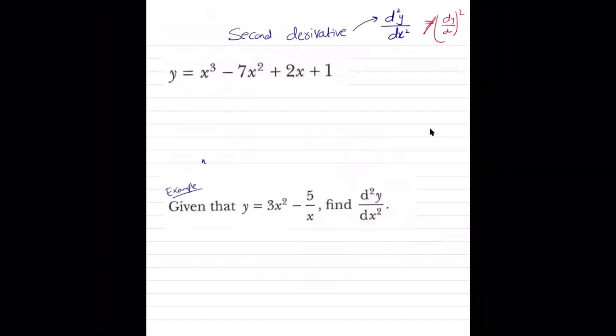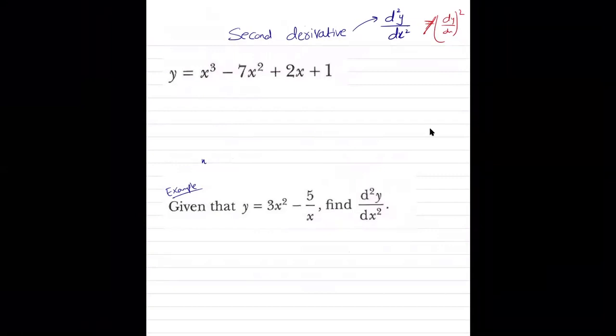Now let us discuss the idea of a second derivative. Second derivative simply means that you differentiate the derivative dy by dx again. dy by dx is known as the first derivative of the function y with respect to x. Now the second derivative means that you differentiate dy by dx with respect to x again.